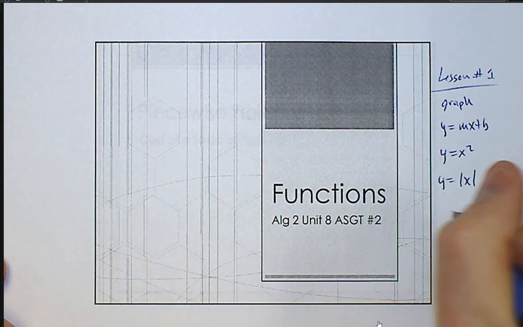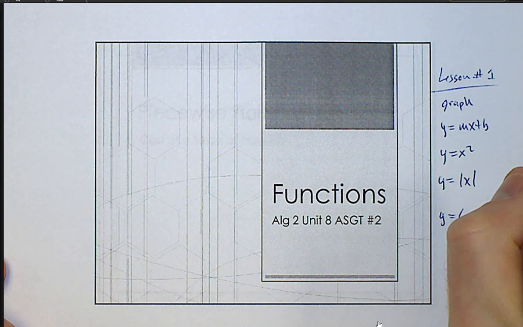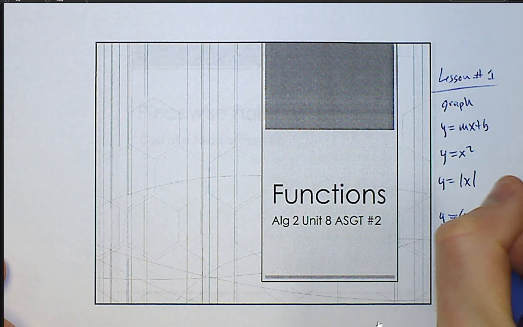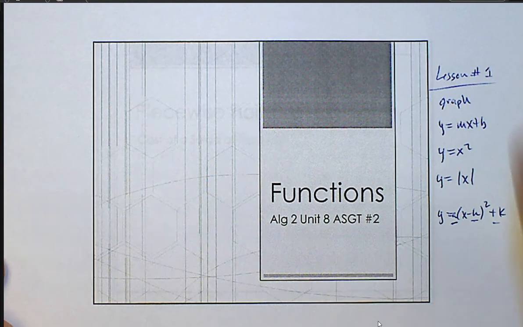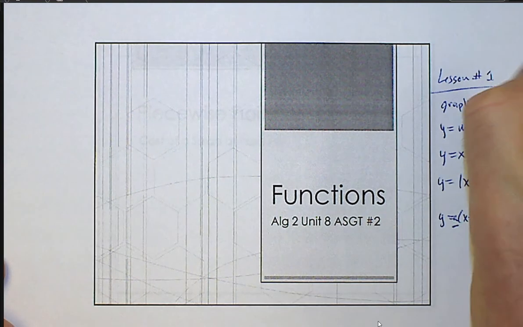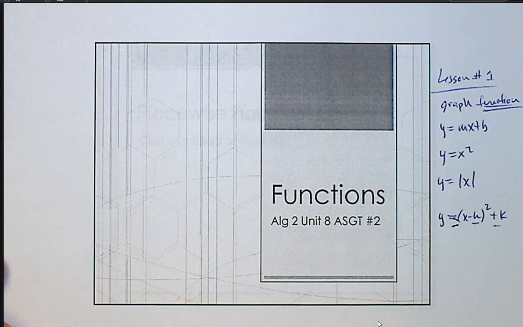We did some examples of (x minus h) squared plus k, where you have your a value, which stretches and shrinks. You have your h and k, which could be your vertex, or how you shift things. And so we talked about some specific functions, and we graph them. And today we're going to talk a little bit more about what a function is.